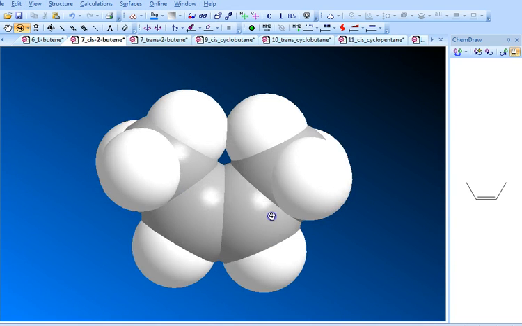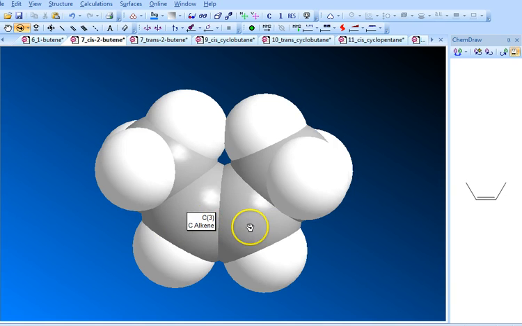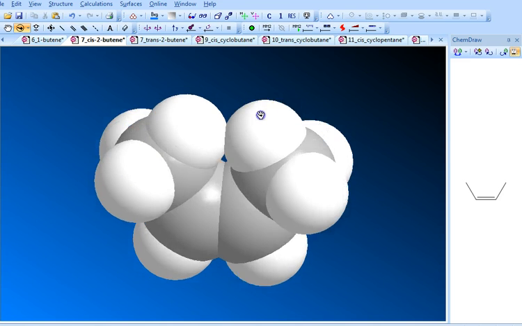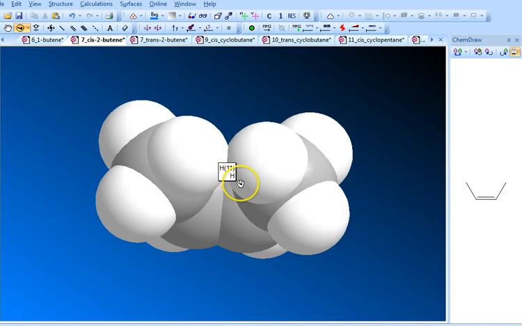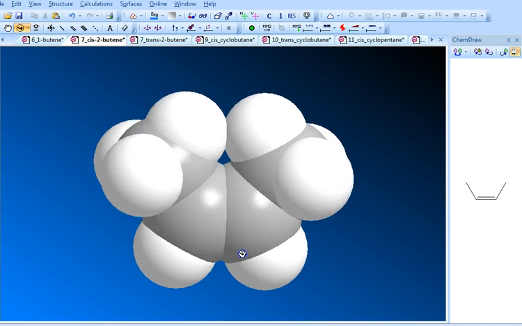Here there is a double bond right between these two carbons, this methyl group and this methyl group, and you can see that these hydrogens are not happy. They are pretty much invading each other's space. So this is called steric hindrance. These two methyl groups are sterically hindering each other's presence.